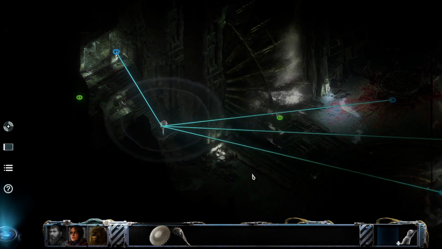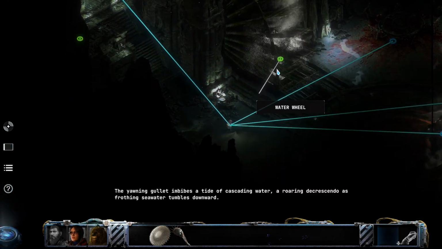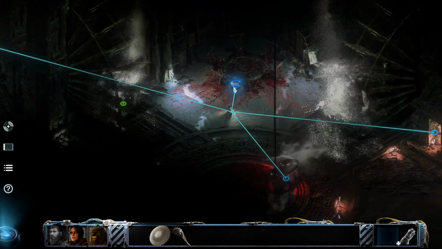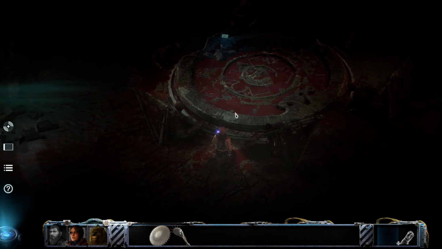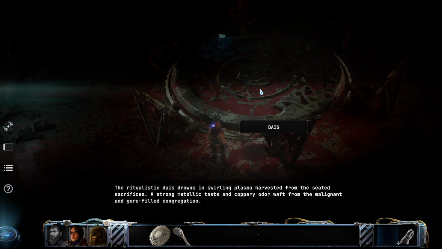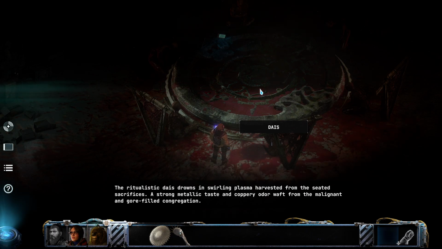All right, let's see what else is in this big room. We have here, what is this? You know, a dais. The ritualistic dais drowns in swirling plasma harvested from the seeded sacrifices.